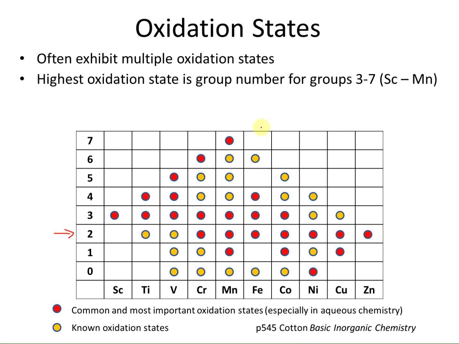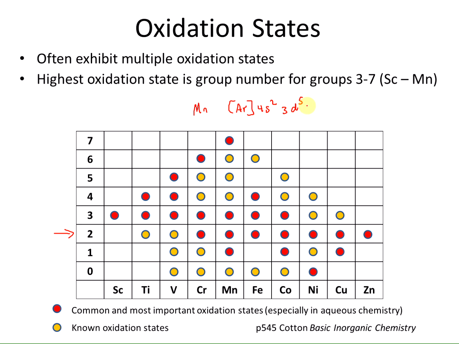So if you think about the electron configuration for manganese, so it's argon 4s2 3d5. So it maxes out at 7 because you're removing all of these electrons here, so that you're removing 2 electrons from the s and 5 electrons from the d.